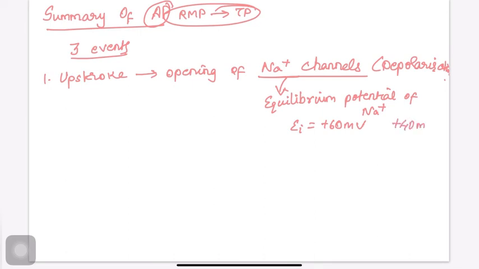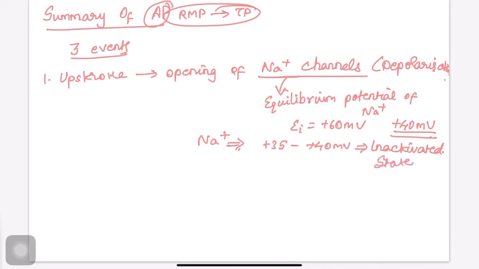This is because sodium channels at a range of plus 35 to plus 40 millivolt undergo the inactivated state, as we already saw. So upstroke will continue only up to plus 40 millivolt.